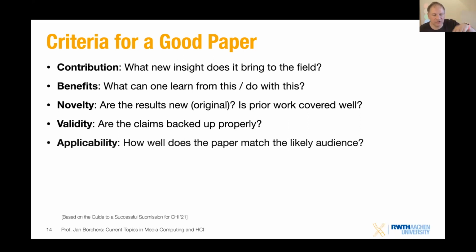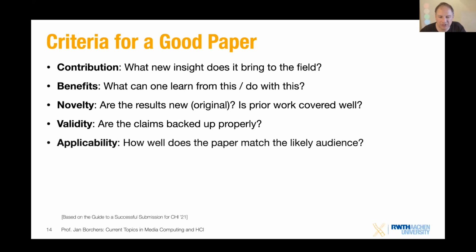And now all the other things up there, contribution, benefit, novelty, validity, might be great, but it actually turns out that you wrote a paper that is much more about a qualitative study that gives us better understanding of the mental processes of users interacting with a particular technology, and not even a new device, but an existing device, right?